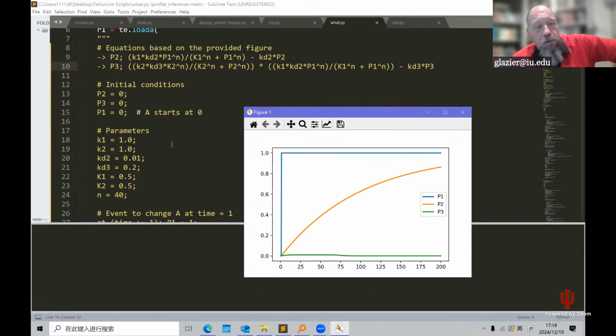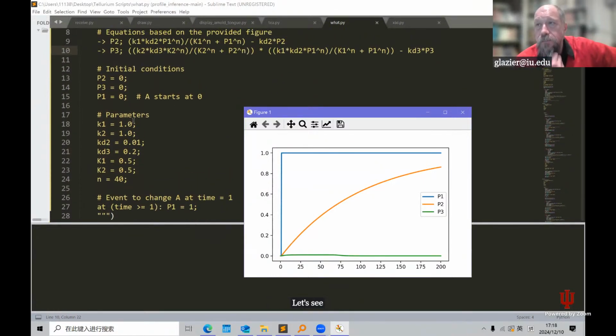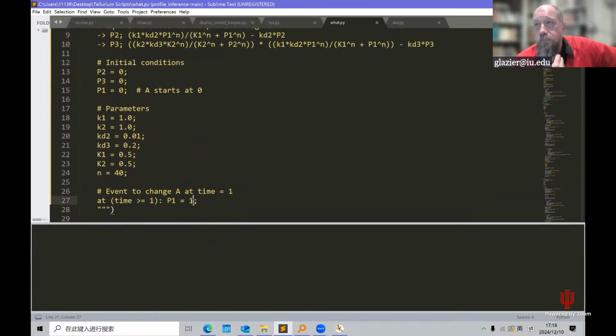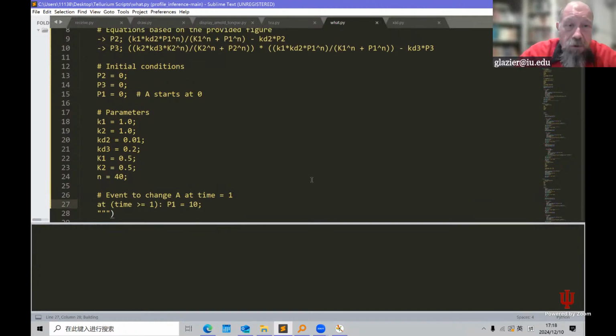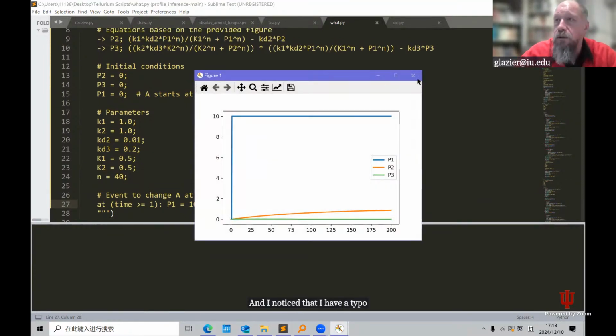So those all look okay to me. What is not working? Let's see. And I noticed that I have a typo in the slide, so let me fix that while I'm looking at it.